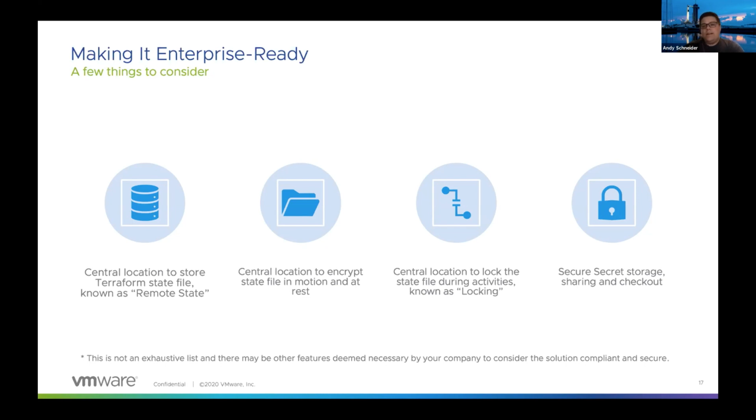That's a bad practice. There should be a mechanism for checking out that credential and injecting it into your Terraform code at runtime so that you've got a secure and compliant environment. Certainly this isn't an exhaustive list, but these are things I found would be important to making this enterprise ready.